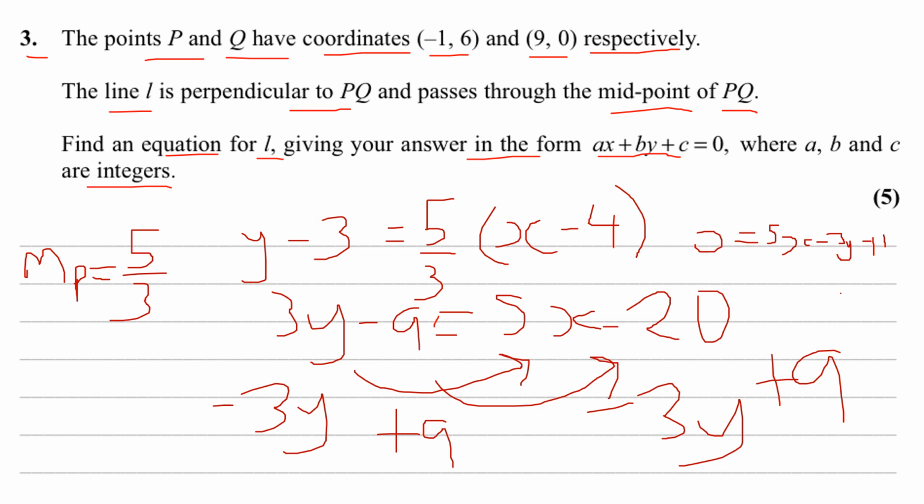So my final answer just reads 5x minus 3y minus 11 is equal to 0, where it's in the format ax + by + c = 0.